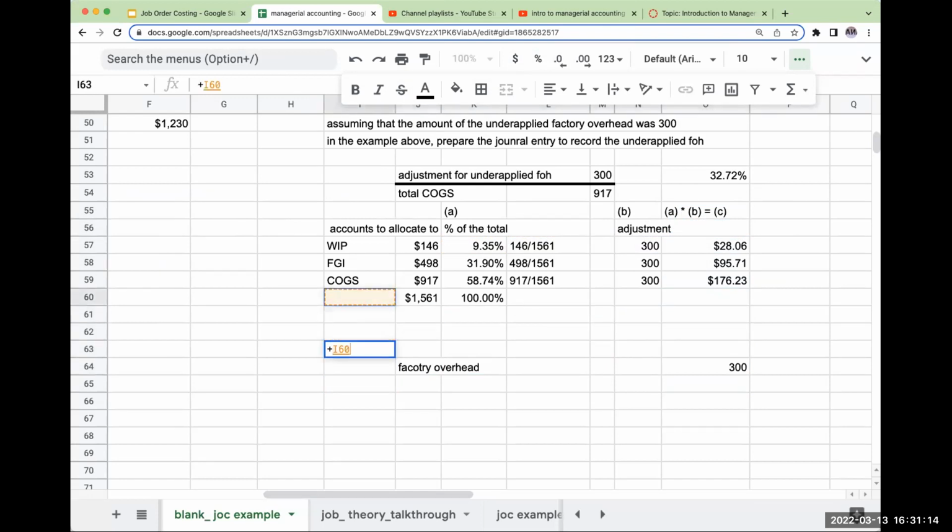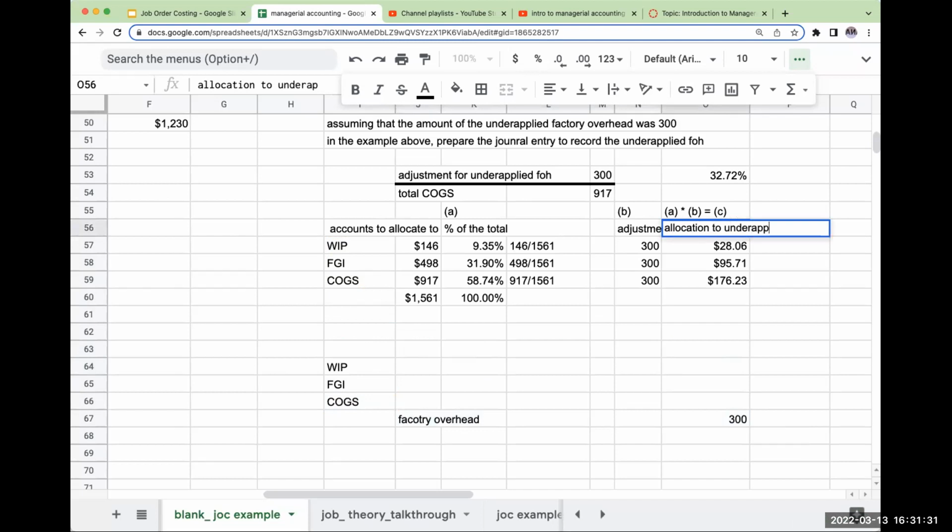Over here, I'm going to debit cost of goods sold, I'm going to debit finished goods inventory, and I'm going to debit work in process. I'm going to do it by my allocation. When I add these three up, I get 300.